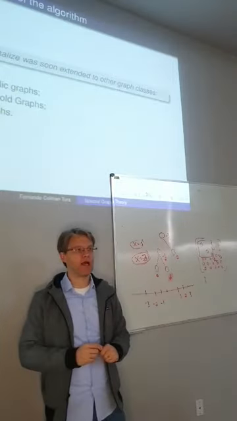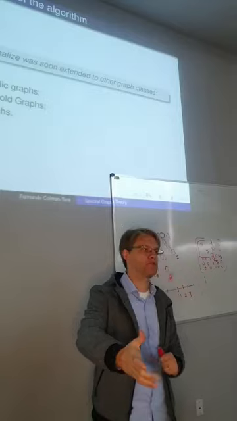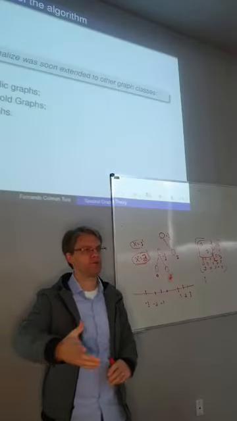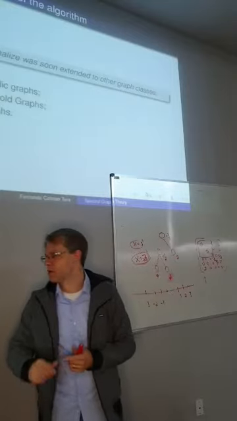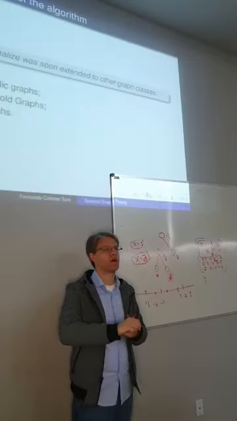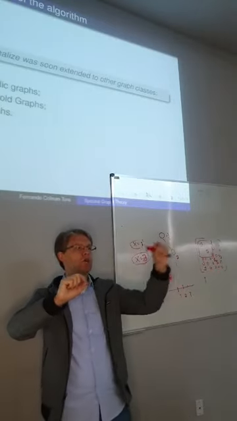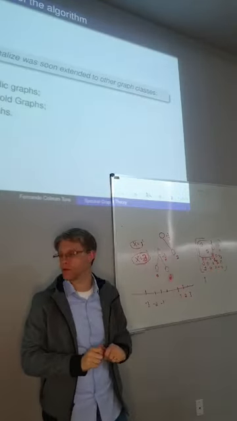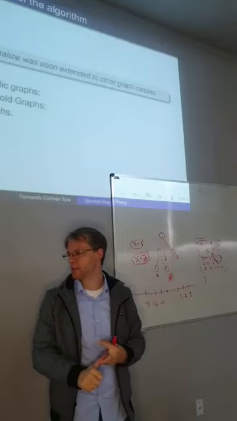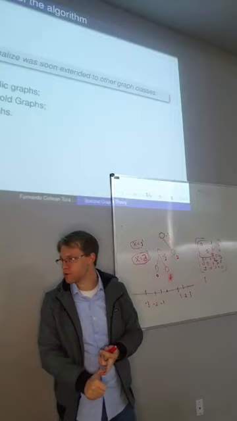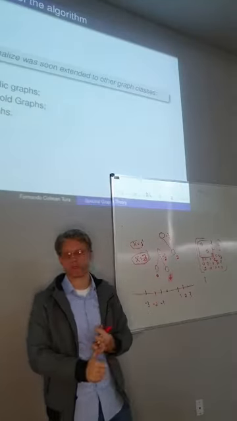After this linear algorithm diagonalize, we extend it for other classes of graphs. For example, unicyclic graphs: a graph is a tree, and you put a cycle. This is a unicyclic graph. And after that, we extend this diagonalization algorithm for threshold graphs and cographs.